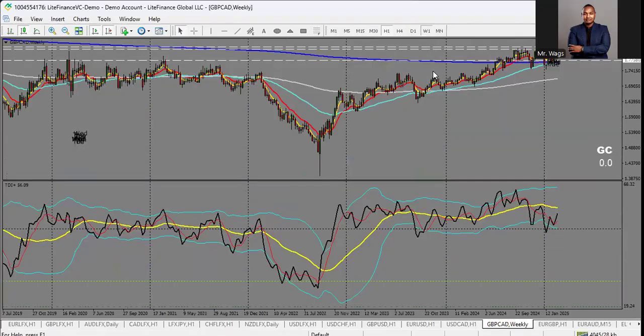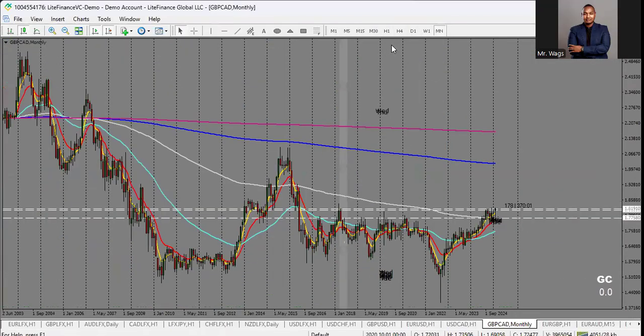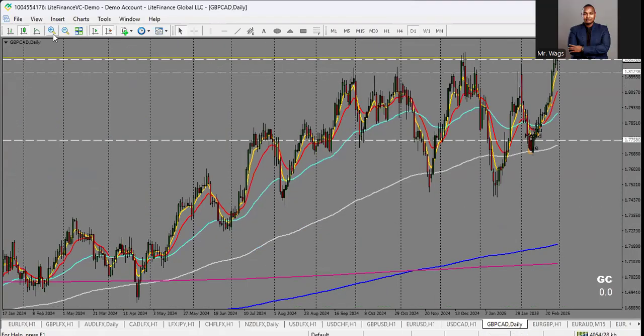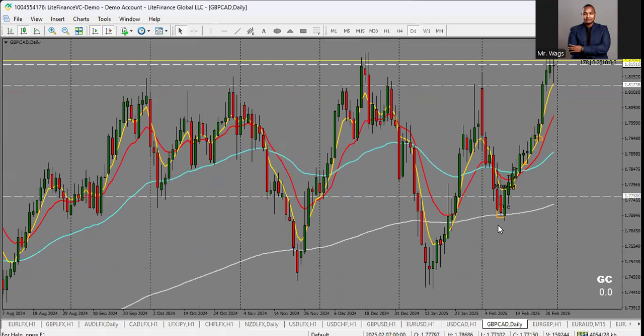So if you look at the way GBPCAD has been moving for the last 2 weeks, this is a very strong uptrend that was seen on the daily time frame. And you can see we had areas of liquidity up here.